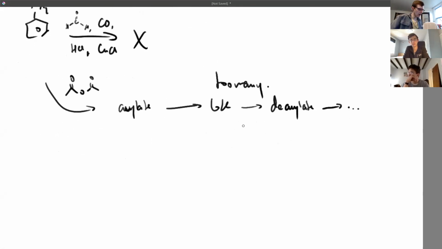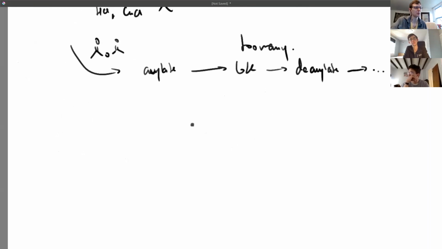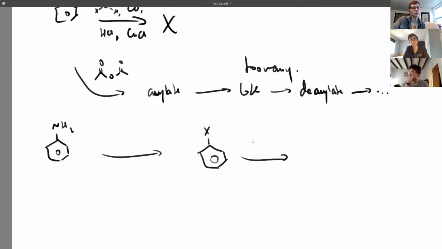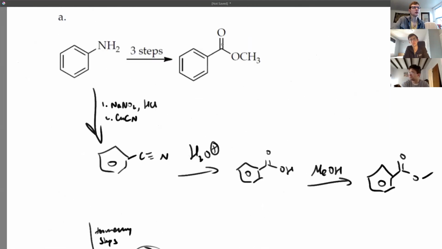Okay. There's another way to put carboxylic acids on the compound, which, let's see, our starting compound was just aniline. So if we had some way of making this into some kind of halogen, then we could use a Grignard reagent and get this one carbon carboxylic acid on there fairly easily.